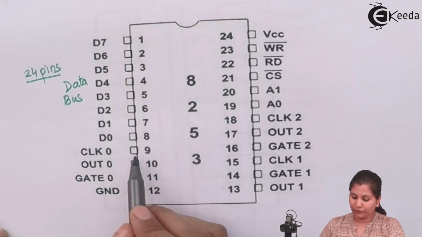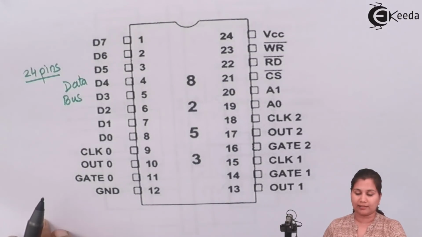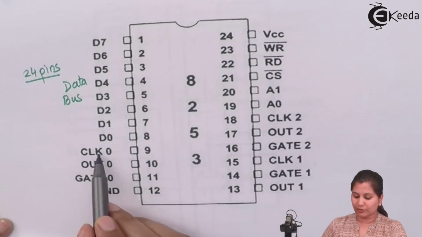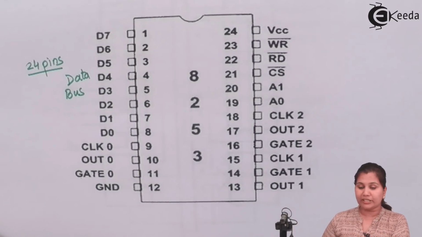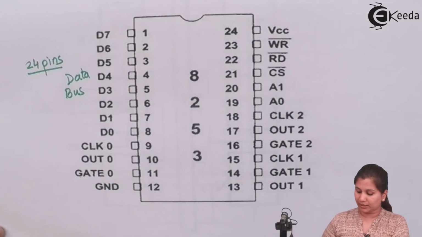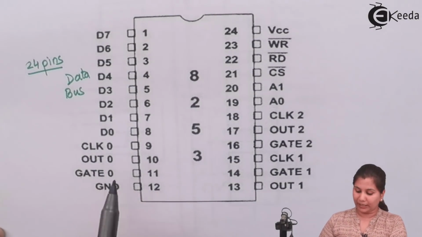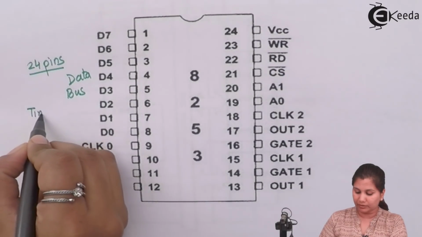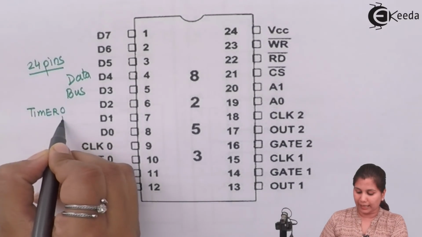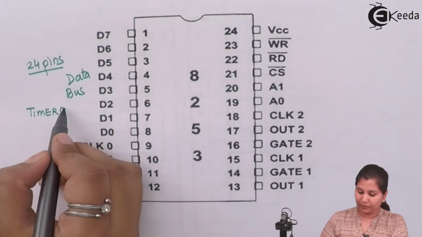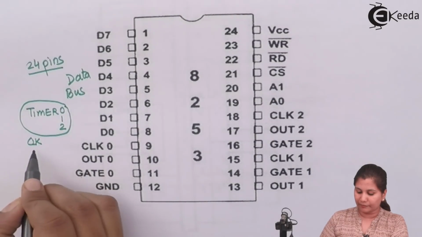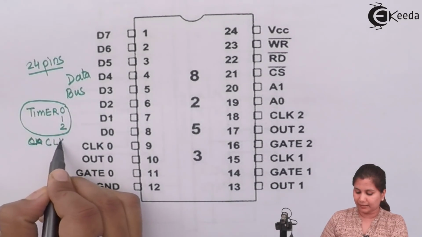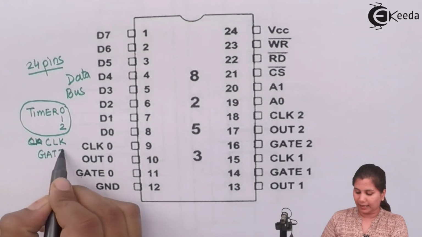Then for each of the timers, we have 3 signals: 2 input signals, the clock and gate, and 1 output signal, out. So we have the 3 timers, timer 0, 1 and 2. Each timer will have the 3 signals, clock, which is denoted by CLK, then gate and out.